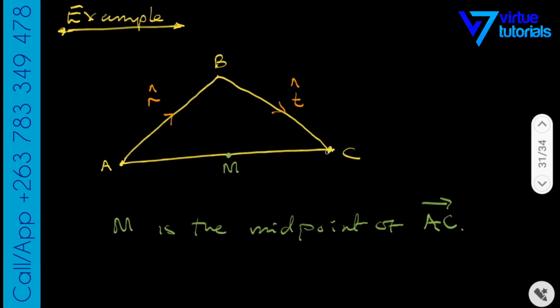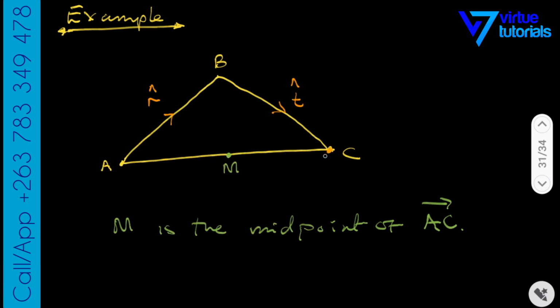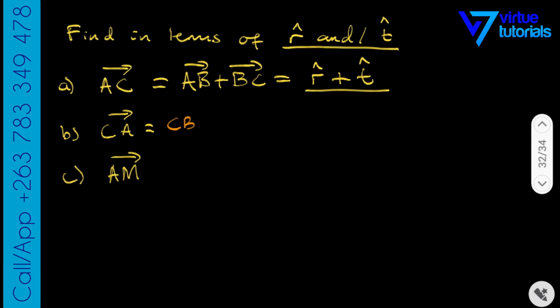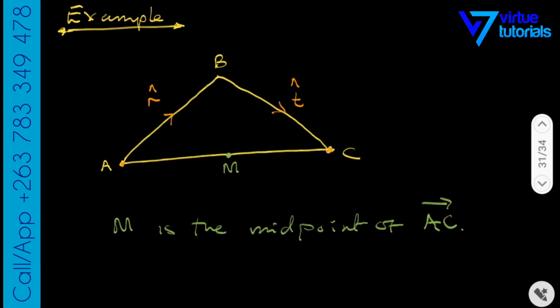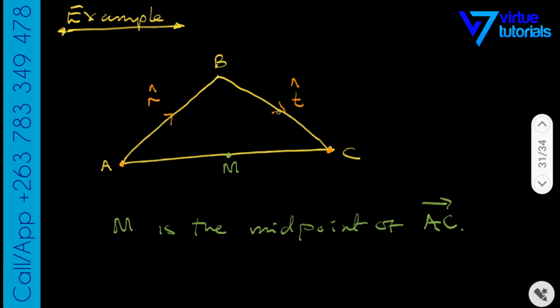So CA means you're starting from C and you're moving backwards to A. Again, there's no direct path because there's no vectors that describe movement between these two points. You have to go from C to B, then from B to A. Now, as I move from C to B, I oppose this arrow.